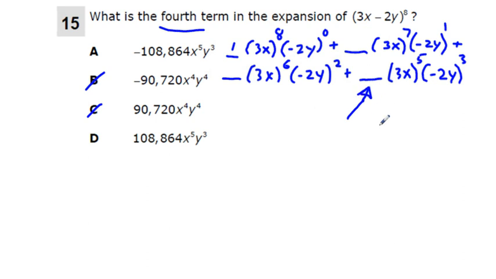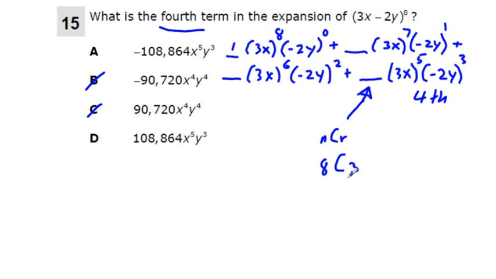So we need to go find NCR here, and it's going to be N is 8, and R is going to be the fourth term. Well, 4 minus 1 is 3.